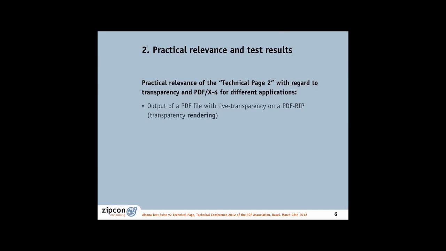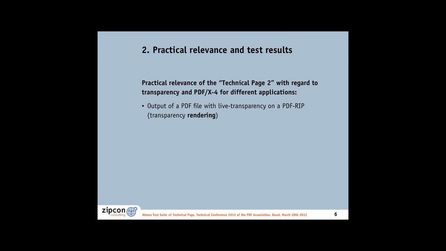Okay. So practical relevance and test results. Just some test results, to have more time for the uglier parts. Why is that page relevant? It deals with different applications. One application, of course, is output of a PDF/X-4 file in the printing area. And you have two ways.